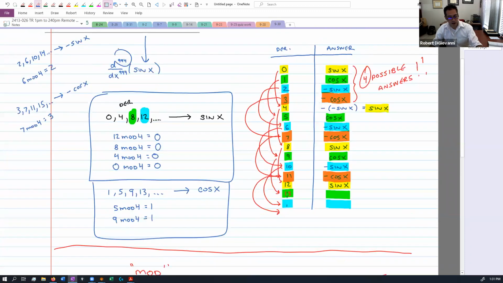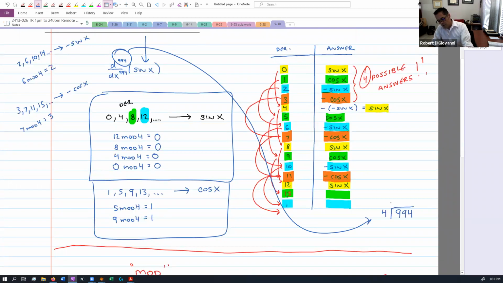So take the number 994, divide it by 4, and see what your remainder is. 4 goes in there twice. It gives me an 800, and then I subtract, I get 194. 4 goes into here 4 times, gives me 160.